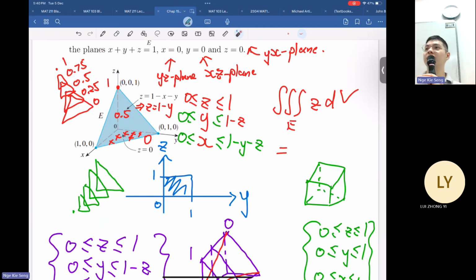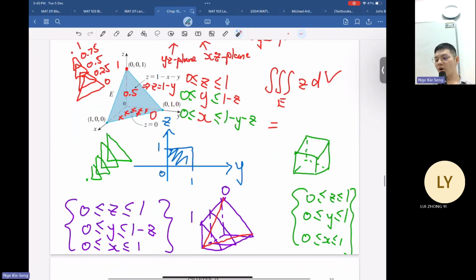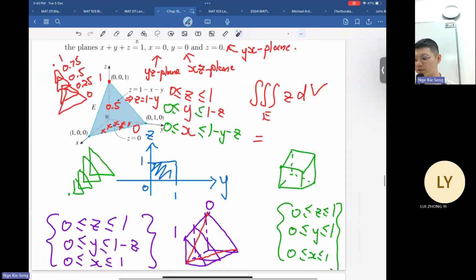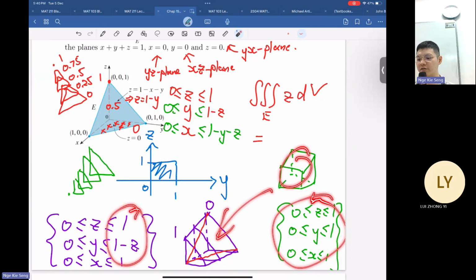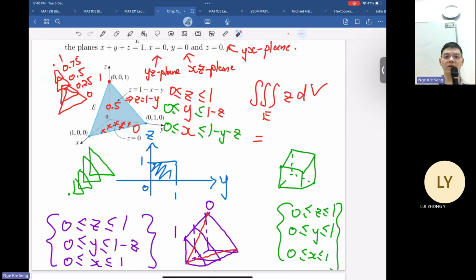Any question on how to get this? So always, the simplest object is the box. From the box, you introduce a few variables such that you can cut this box into the object that you like. Make sense or not?